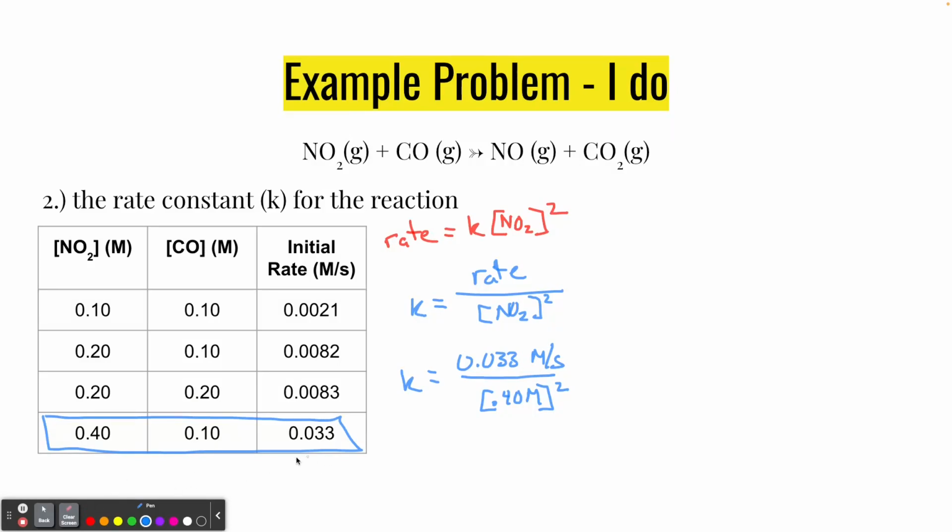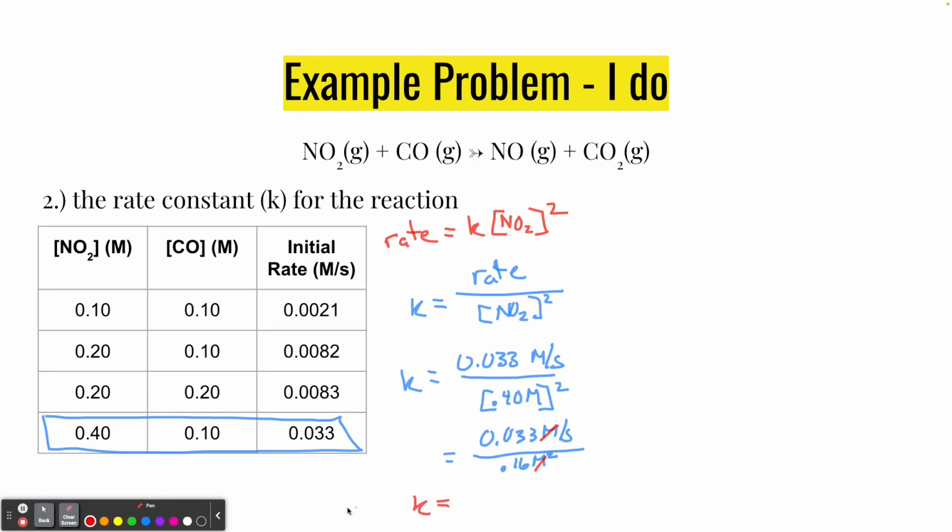Okay. So let's take a look at what this is going to be. All right. So when I get 0.4 squared, it's 0.033 molar seconds divided by 0.16 molar squared. Okay, so one of these M's will cancel out when I divide these out.